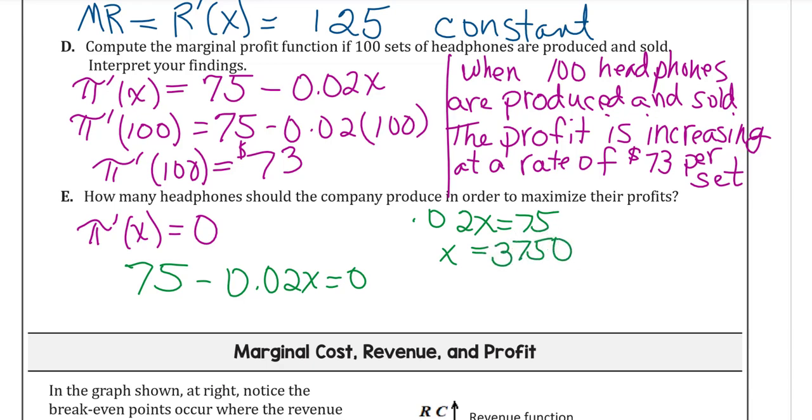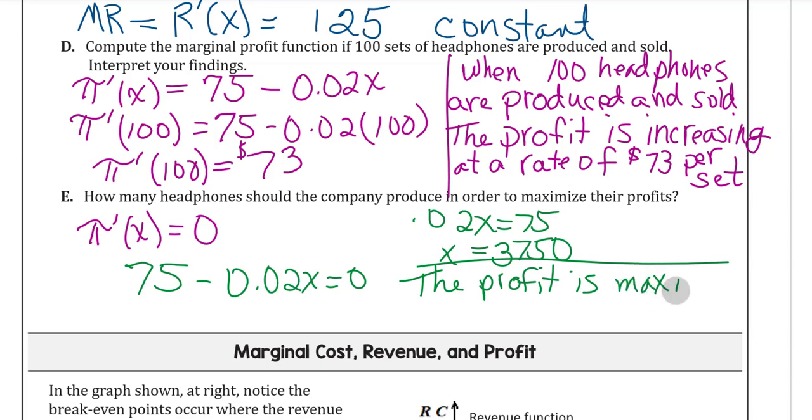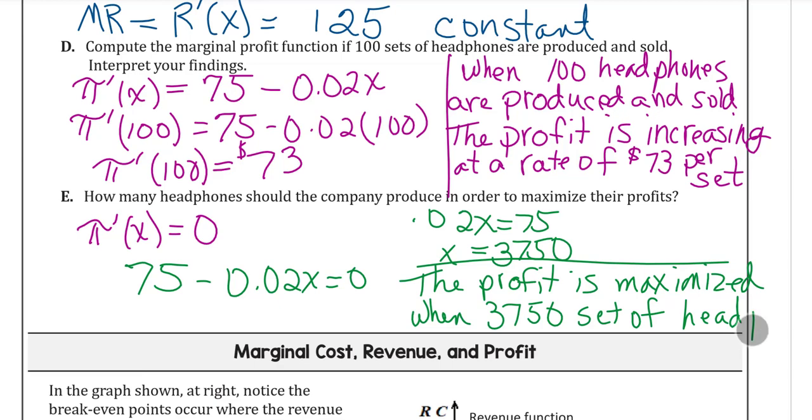So the profit is maximized when 3,750 sets of headphones are sold.